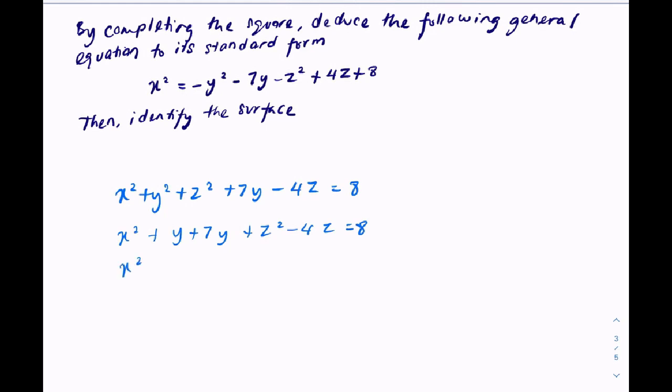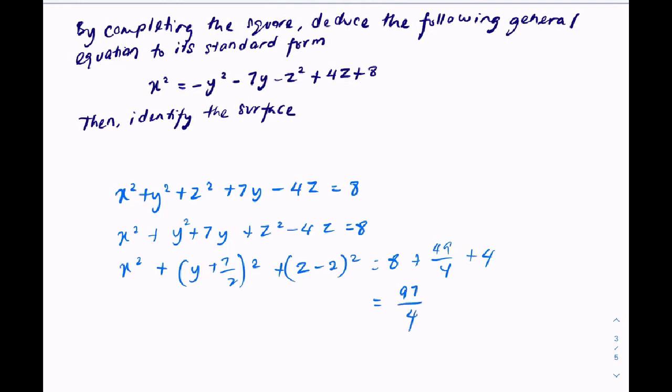So this one, y plus 7 per 2 plus z minus 2, 8 plus 49 per 4 plus 4. Okay, so this one become 97 per 4.